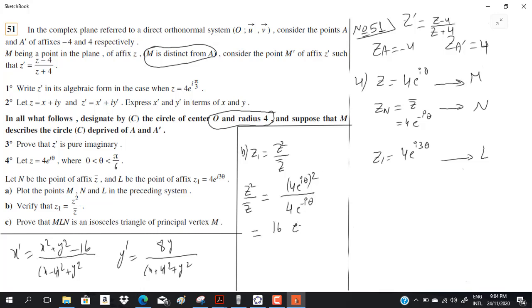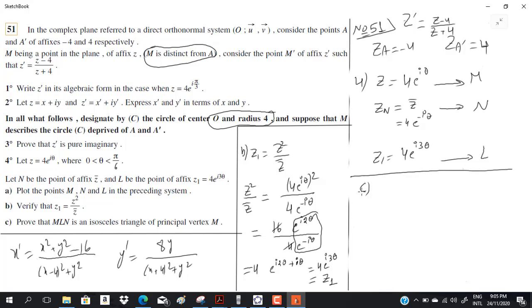You multiply the exponents: exponential of i 2 theta over 4 exponential of minus i theta. 16 over 4 is 4, exponential of i 2 theta divided by exponential of minus i theta. When you divide two powers with the same base, you subtract the exponents: i 2 theta minus minus i theta. You obtain 4 exponential of i 3 theta, which is z of L, meaning z1. So it's proved.